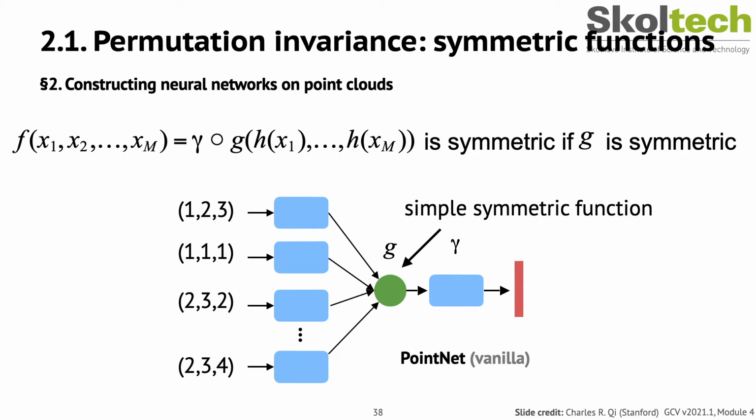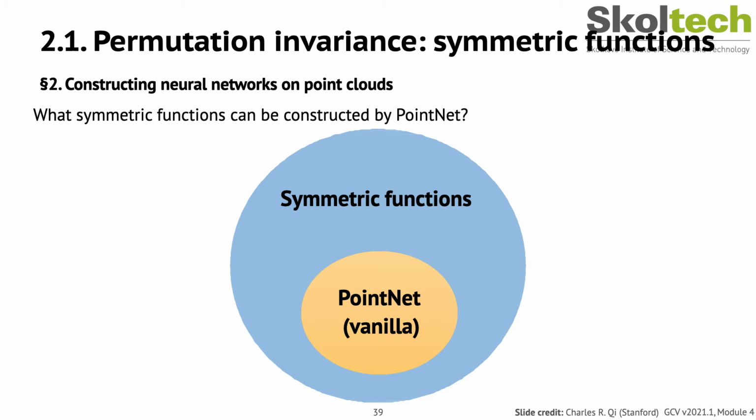A network in this structure is guaranteed to be invariant to the input order, but one question still remains. Namely, among the space of all symmetric functions, what functions can be constructed by PointNet?